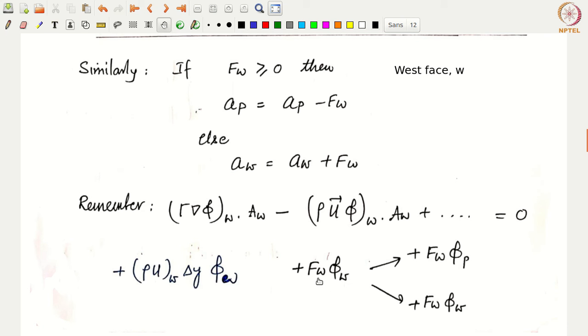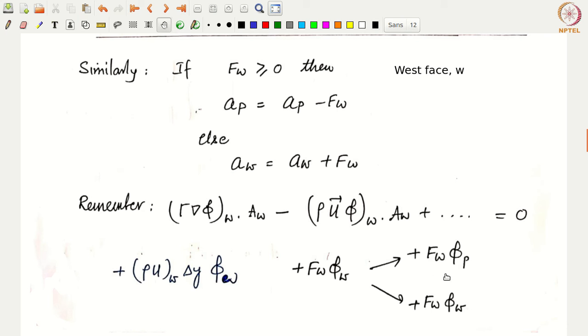Now if FW is positive, then what would be the upstream direction for FW? If FW is positive, the upstream direction would be FW phi W, right?